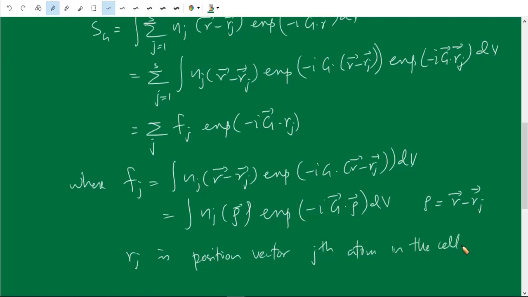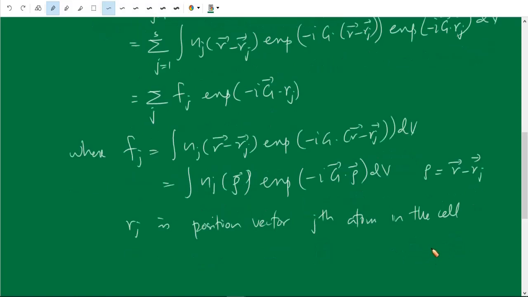Okay, so we have considered the origin to be at a particular corner, at a given corner, and from the corner the position of a given atom is Rj. So r minus Rj is the contribution, Nj of r minus Rj is the contribution of electron density at a position r due to jth atom.